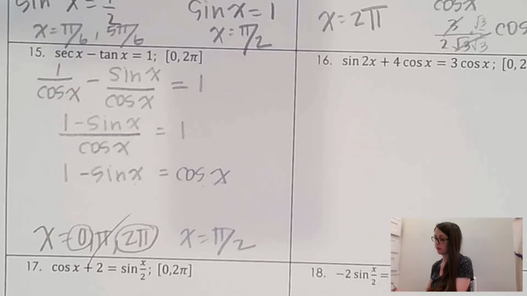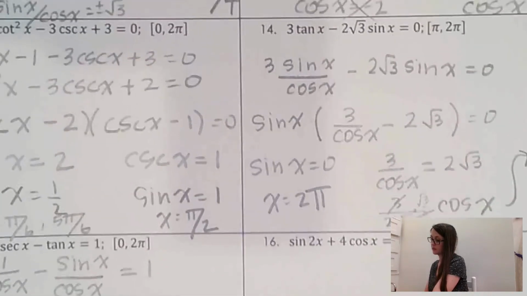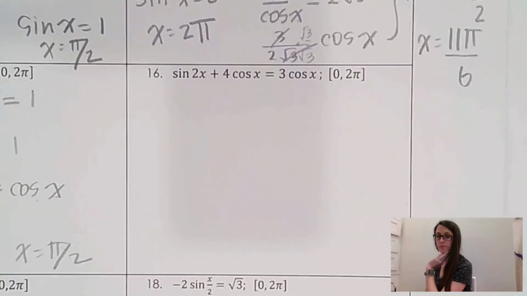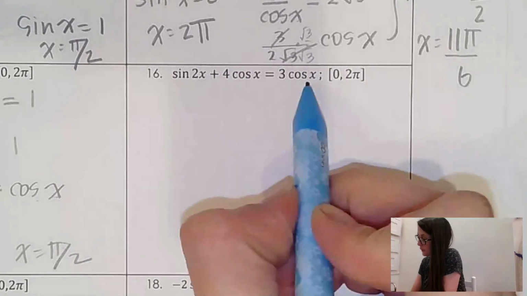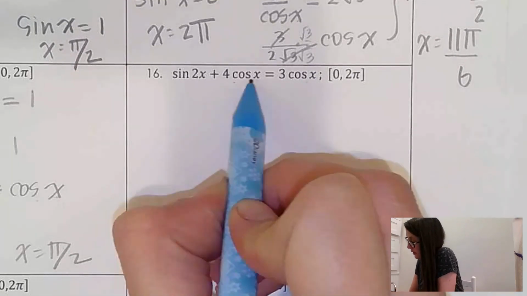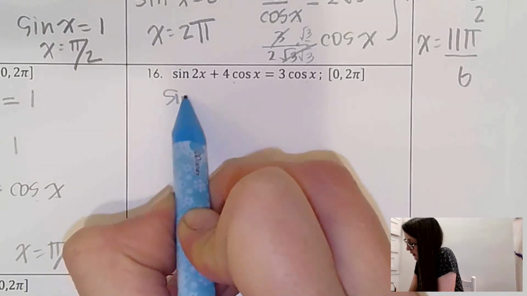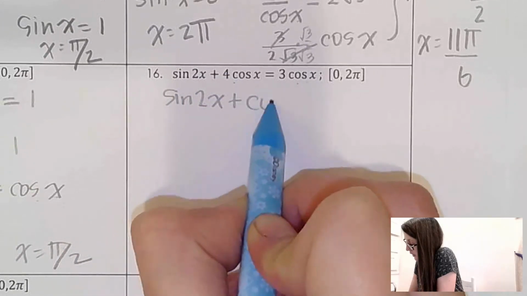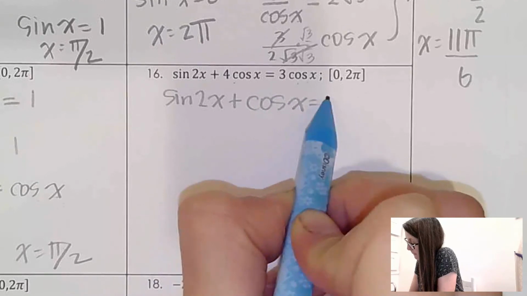Okay. All right. So let's look at number 16. Y'all try to do number 16 for me. So if I were to subtract this over here, this will be sine of your double angle plus 4 minus 3, which is a cosine of x.